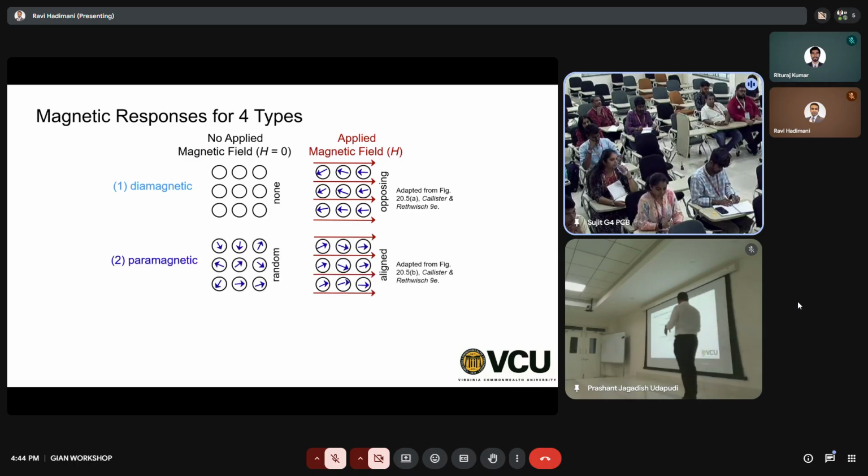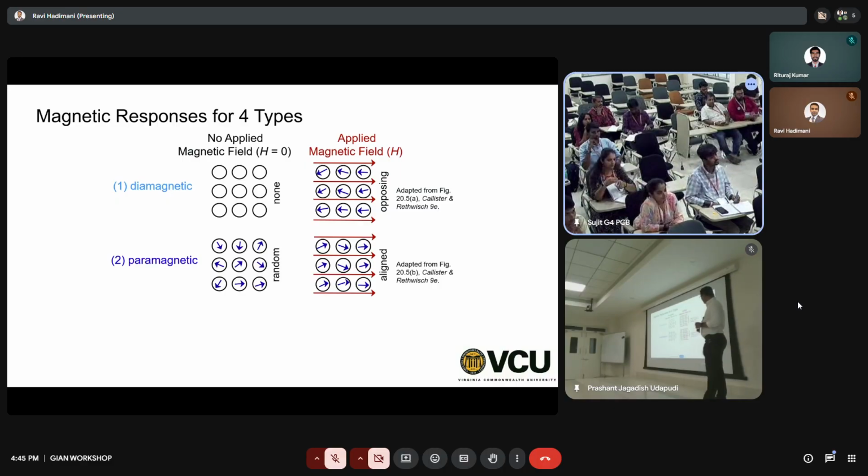In case of a paramagnet, they have randomly oriented spins, but when you apply a magnetic field, they orient in the direction of the field, but not completely. They orient such that most of them cancel, but there is a little net effect. For example, this and this oppose each other, so the net effect is small.